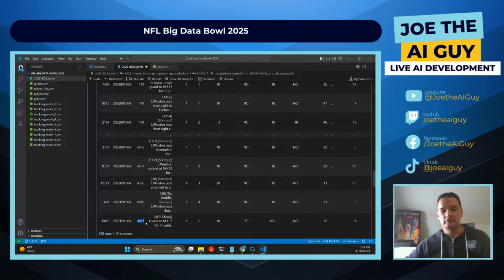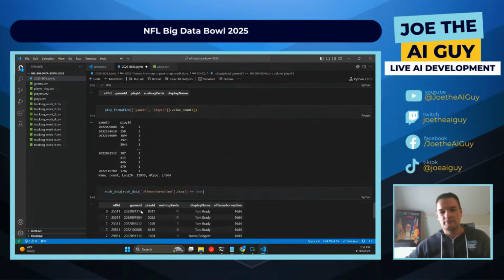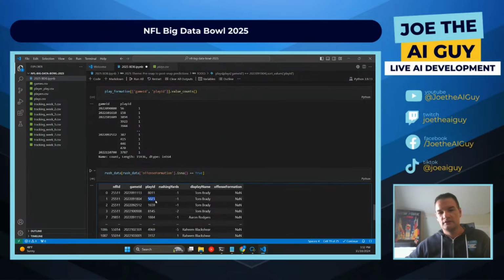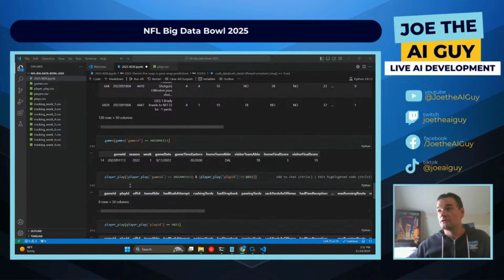So that should be play 4447. And this is trying to tell me that that play is 5023. So then let's look at the rush data table and make sure we're coming through it.